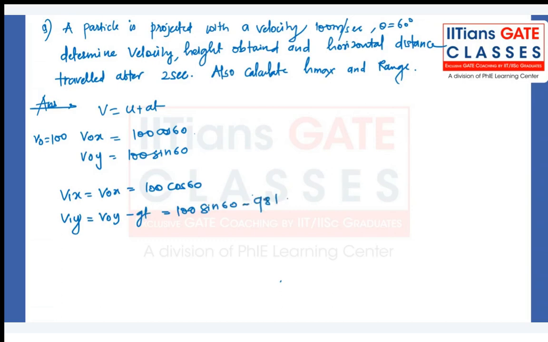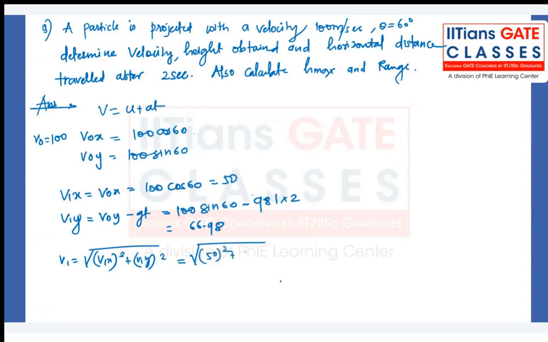I think you'll get 66.98. So v1 is equal to under root of v1x whole square plus v1y whole square, which is under root of 50 square plus 66.98 square. You will get close to 83.58 meters per second.